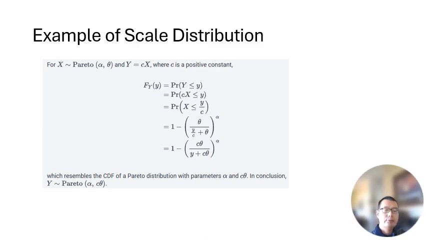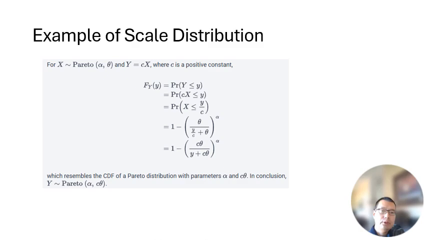If X follows a Pareto distribution with alpha and theta, and Y is equal to C times X, where C is a positive constant, then again we can start from the CDF F_Y(y), which is the probability that capital Y is less than or equal to small y, which we can replace by CX, and further transform into the distribution of X, so it becomes the probability that X is less than or equal to y over c.